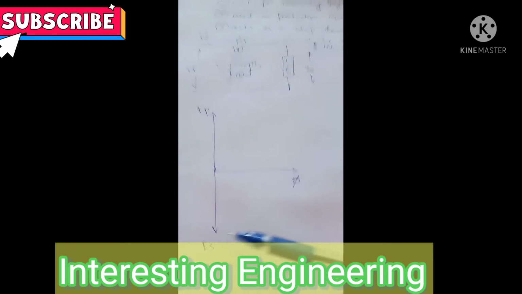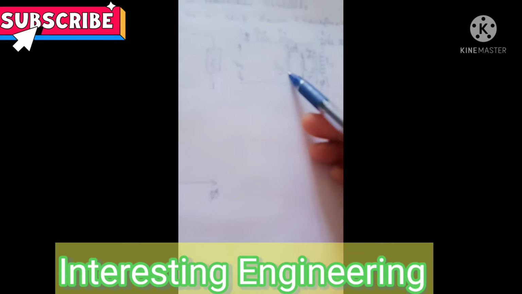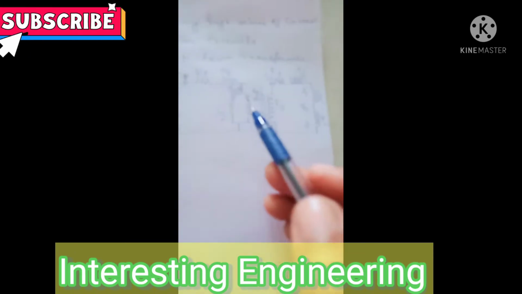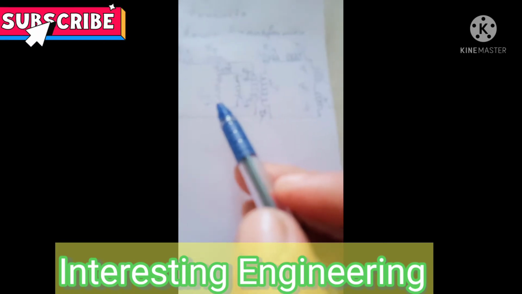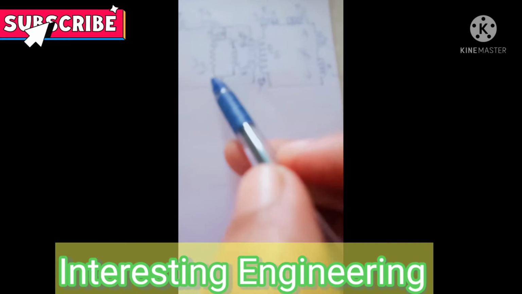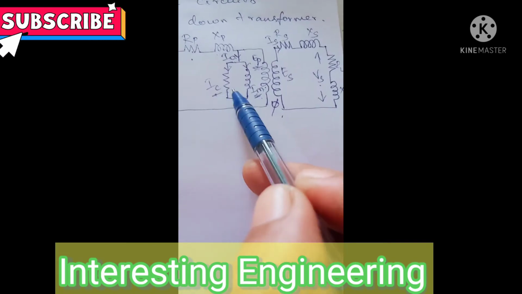And then, under no load condition, we have IC and IM. This IC current is the current flowing through the resistance. Look at the equivalent circuit here: IC is the current through the resistor.